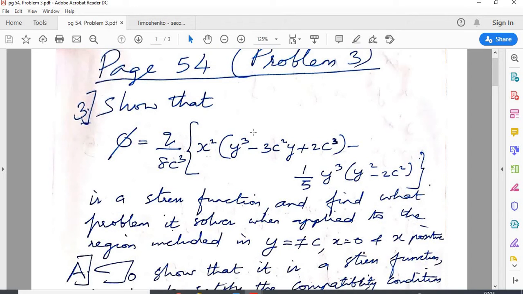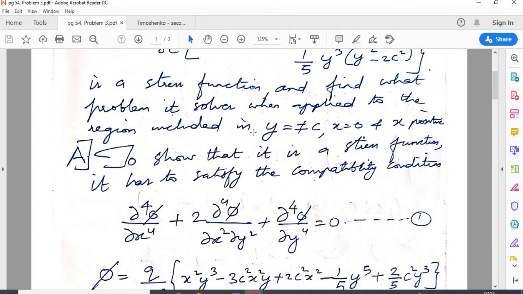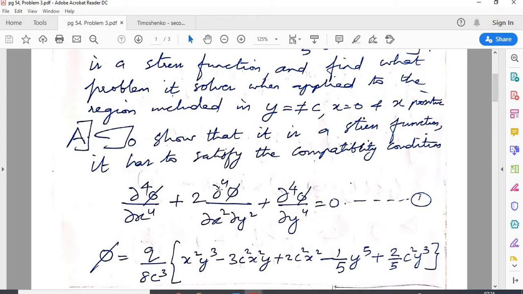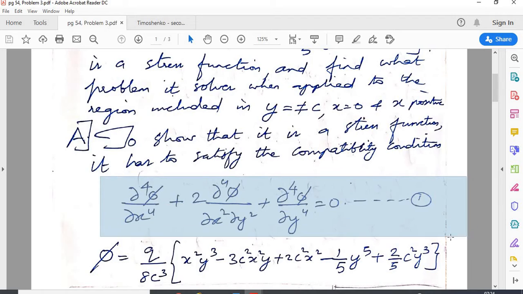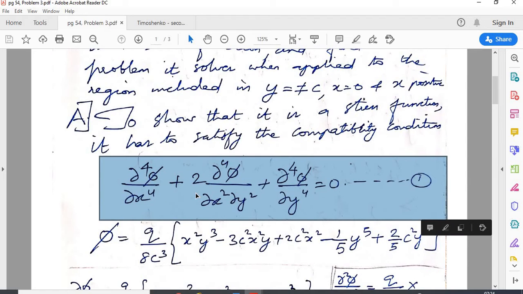So I have the handwritten notes scan, so along with the video I will also share that with you. So you have the stress function. You are asked to prove that it's a stress function, which means you have to satisfy this compatibility condition.